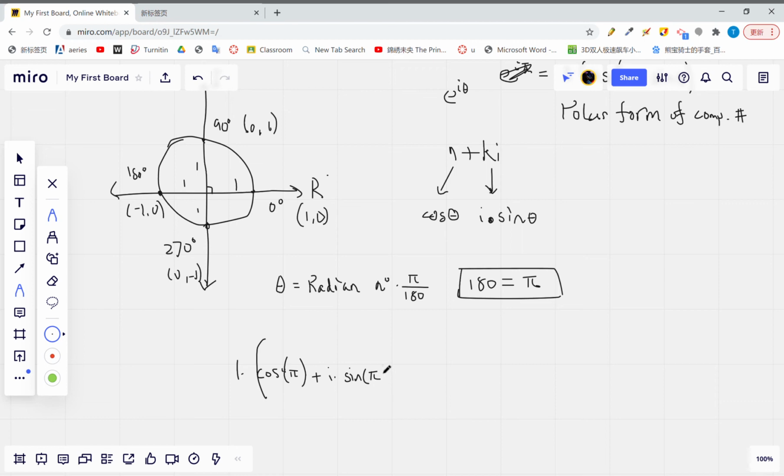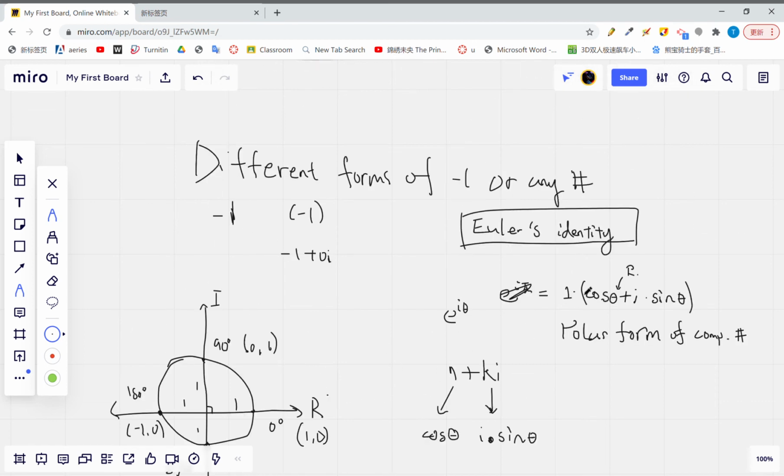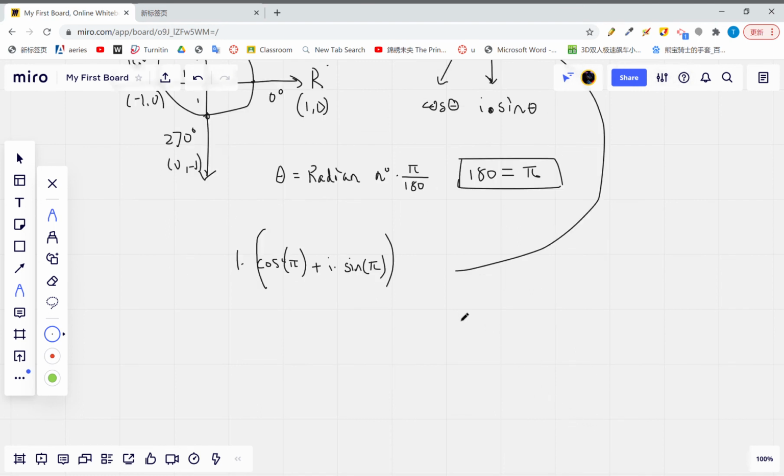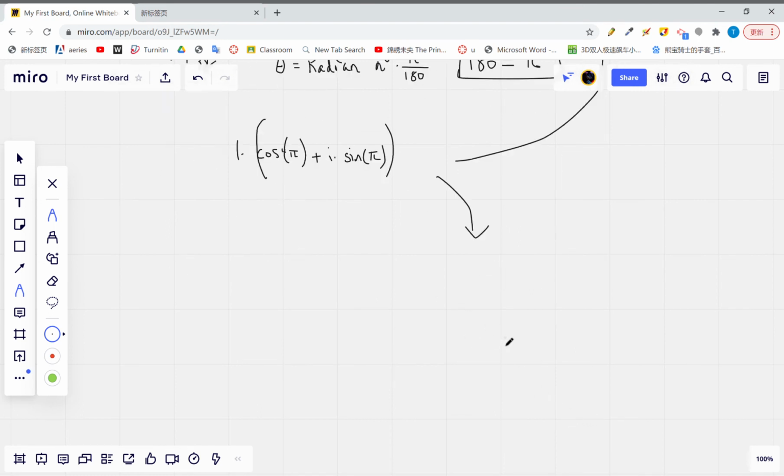And this went back to Euler's identity, right? So what we get is e to the i theta is equal to cos theta plus i sin theta.